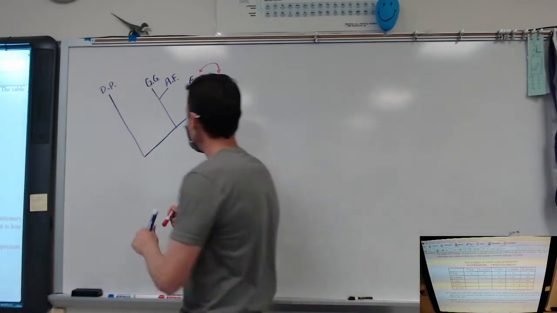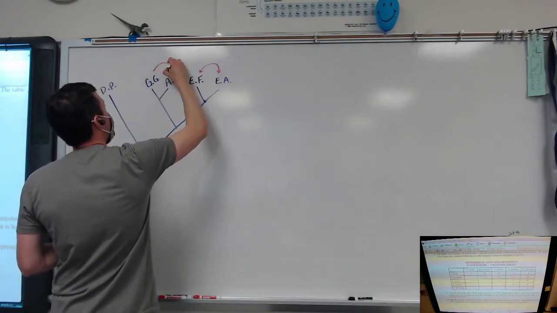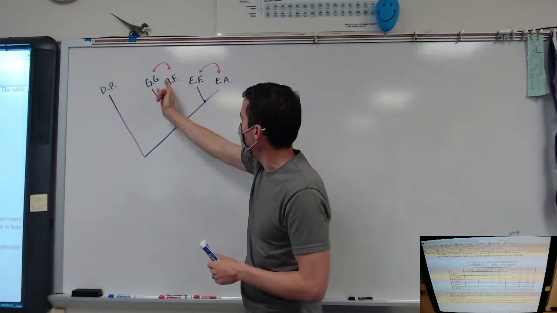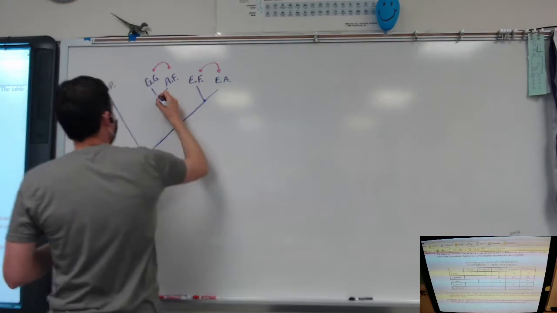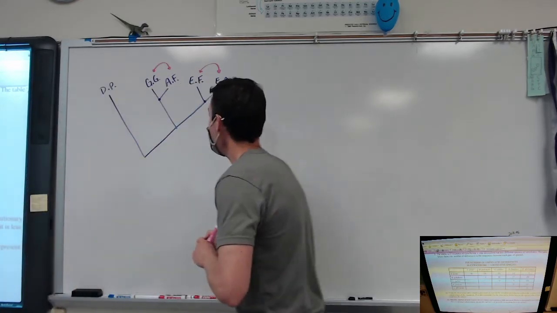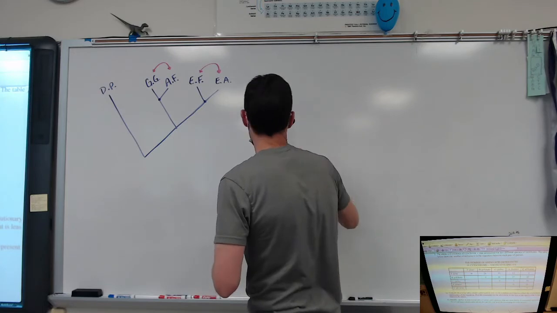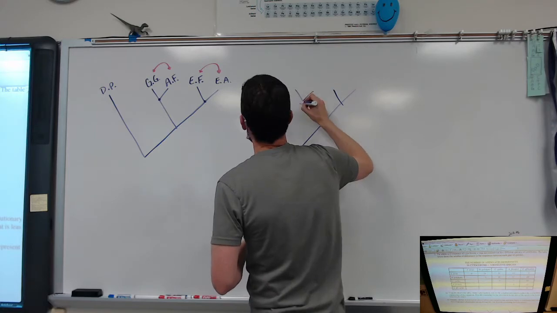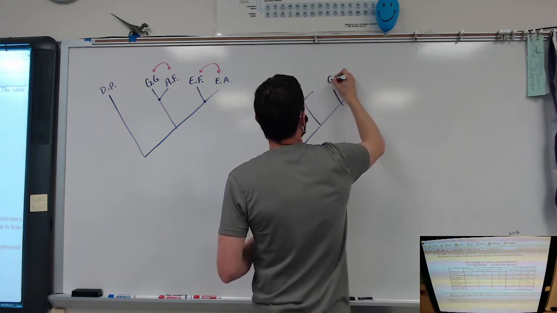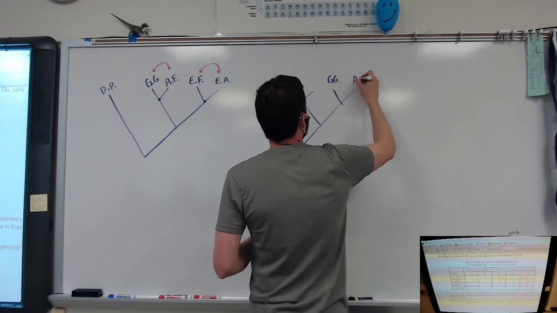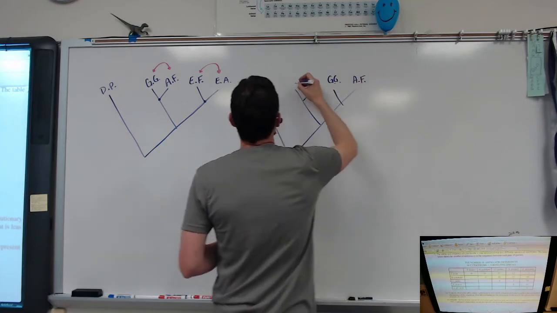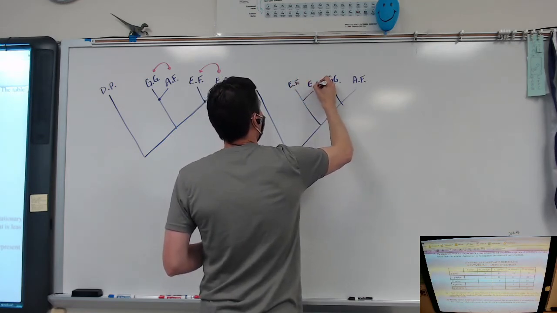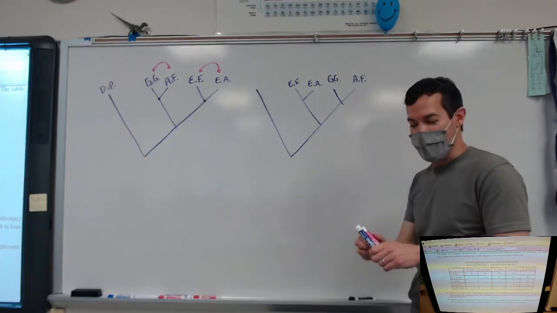If I flip-flop these two, same thing. It doesn't matter because those two still share that same recent common ancestor. If I did GG, AF, then over here I had EF and EA, it still doesn't change anything.